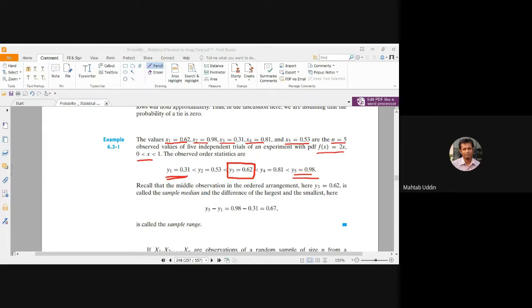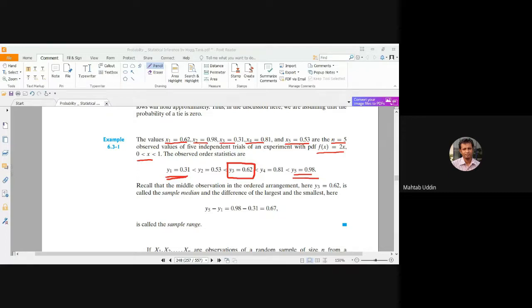Once again, you can find the range. What is the range? Range is the difference between the maximum and minimum. Here the minimum is 0.31 and the maximum is 0.98, so their difference will be the range.